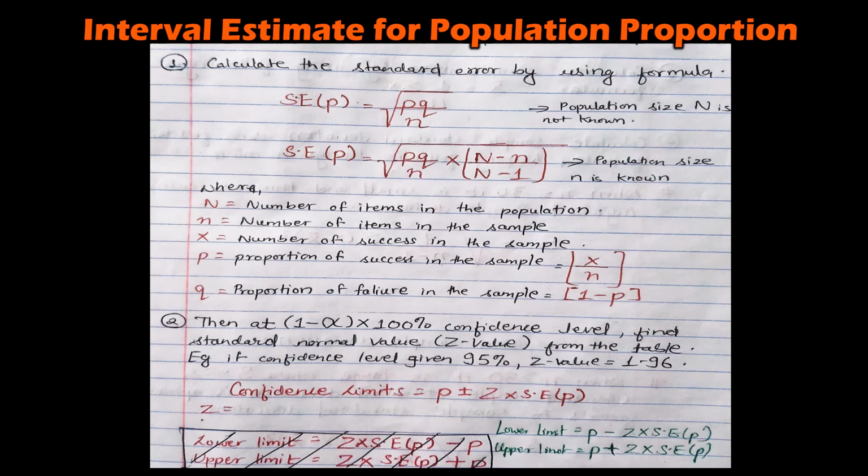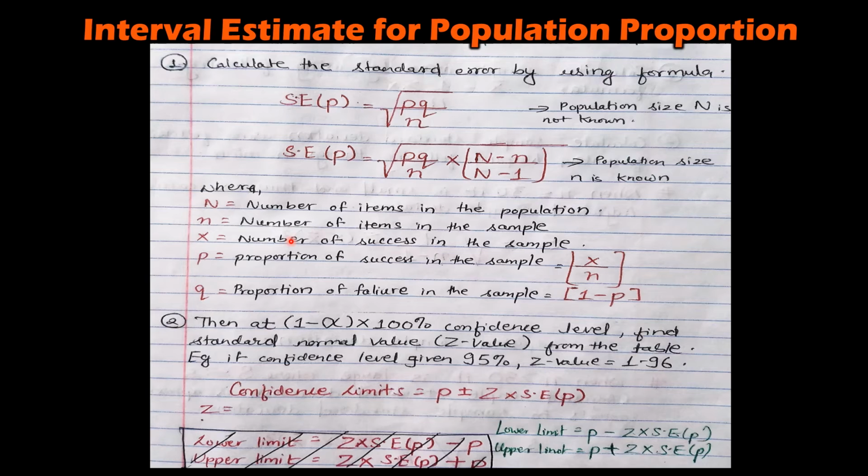So here we are going to learn about calculating the interval estimate for population proportion. First of all, we need to calculate the standard error by using the following formula, where N is the number of items in the population and small n is the number of items in the sample.